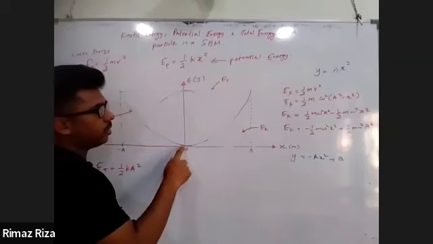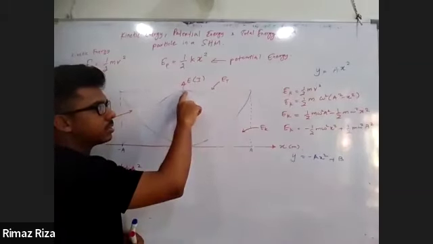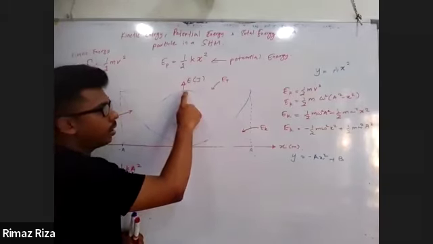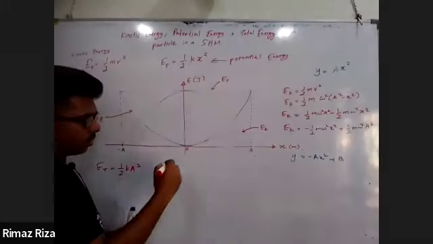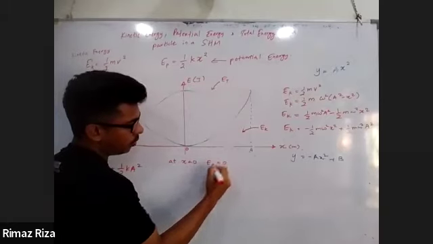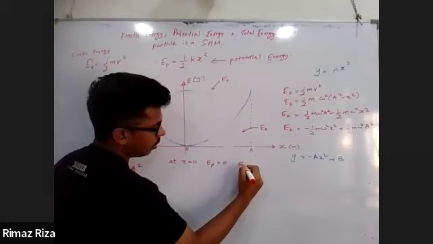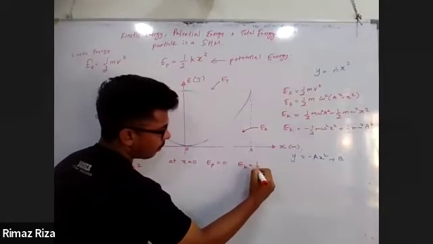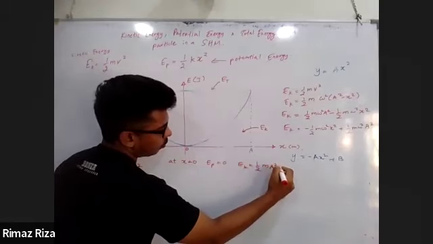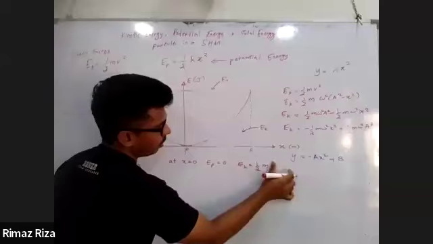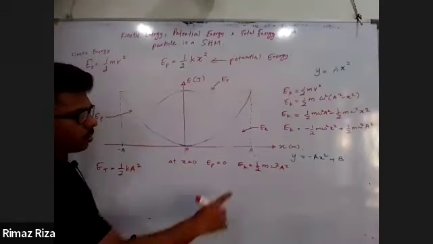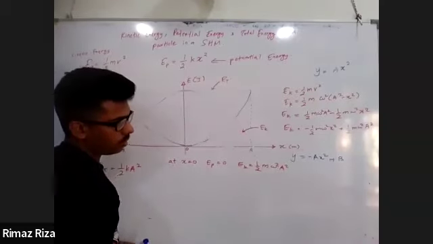So you can see the total energy is the maximum kinetic energy. At x equals 0, E P equals 0, and E K, the kinetic energy, is half m v squared, where v is a omega, so E K is half m omega squared a squared.